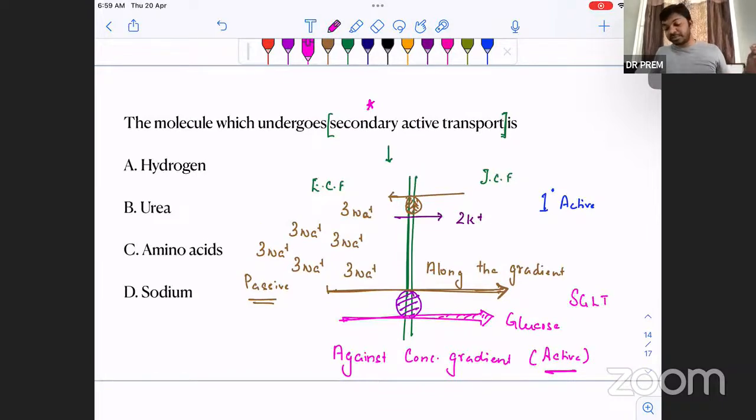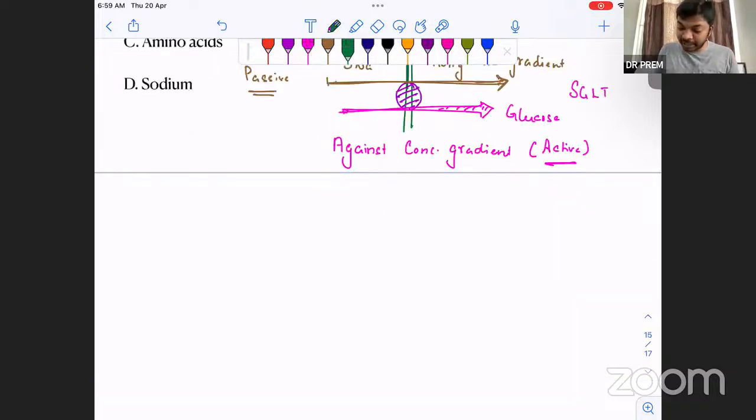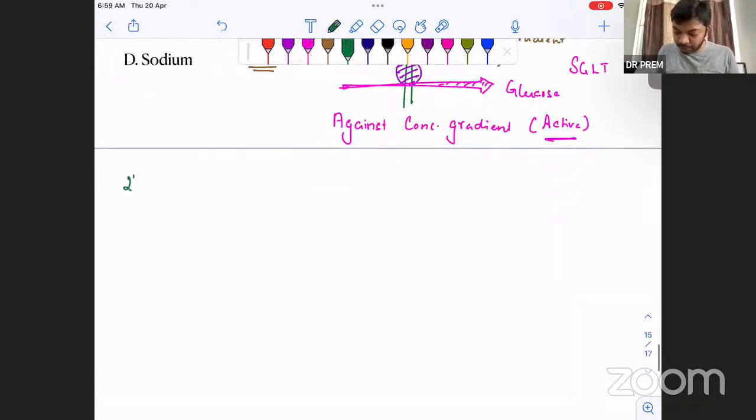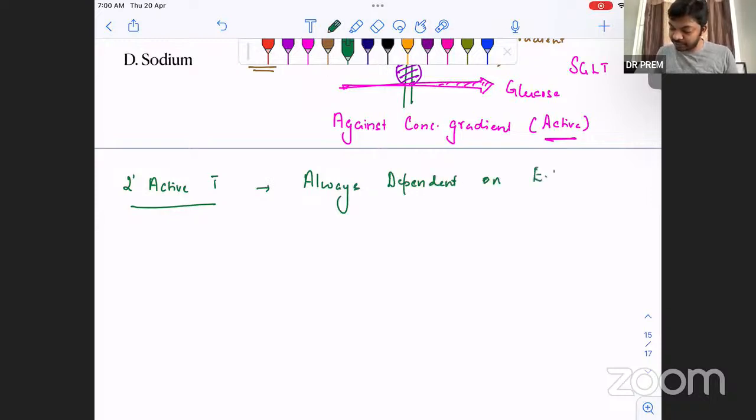Since sodium is transported along the gradient, there is no ATP breakdown. So doctors, when it comes to secondary active transport, please remember it is always dependent on extracellular fluid sodium levels.